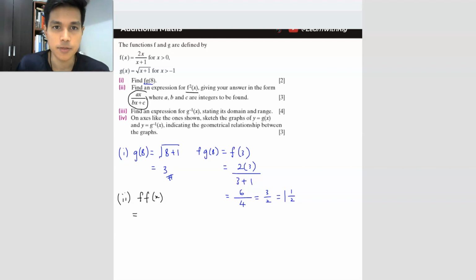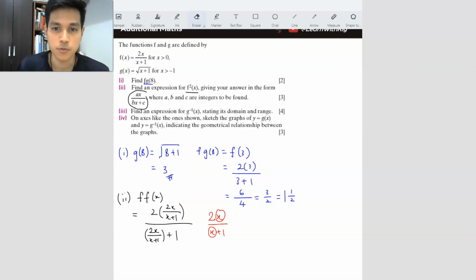So double f will be 2 times, I'm going to substitute back the fx, so it's 2x over x plus 1 over 2x over x plus 1 plus 1. I hope you understand what I'm doing, because the original equation is 2x over x plus 1. So this x, I substitute with the fx again.